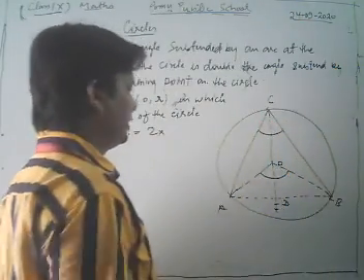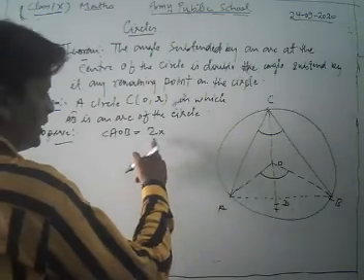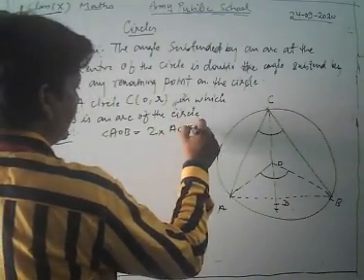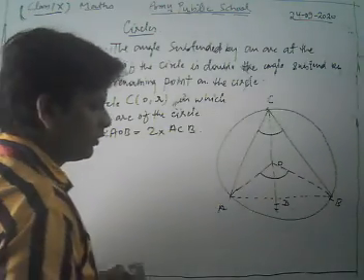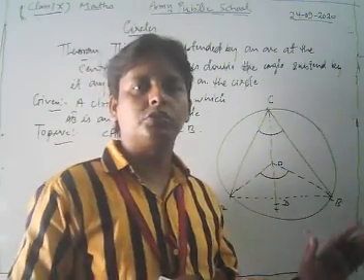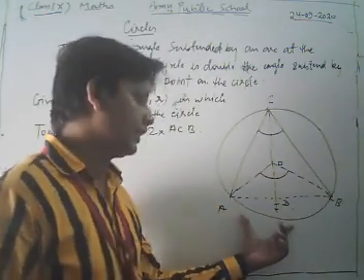We have to show that angle AOB is equal to 2 times angle ACB. This is a very important result based on that theorem, and there are many questions based on it. Now first of all, let's see its proof.